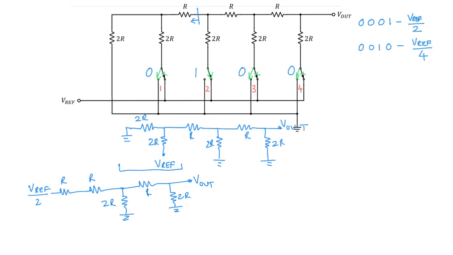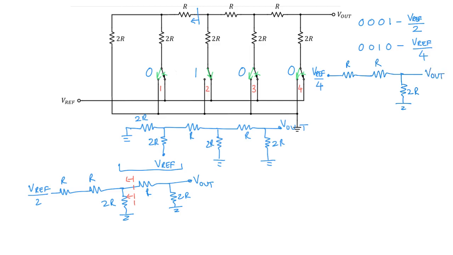So what we can try to do now is replace the left hand side of the circuit up to this line with its equivalent circuit. And if you follow the methods that we have looked at before, you should be able to get a signal of value V ref over 4 instead of V ref over 2, and you get a resistance of R, and you have another R, and you have this 2R going to ground, and that's V out.